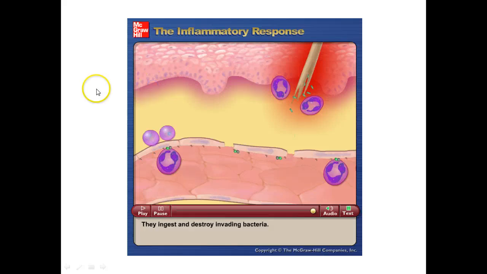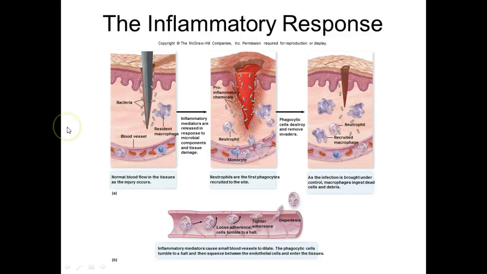But there is a reason behind why this happens, right? So as they said, there are some resident cells in the area. There's a certain set of phagocytic cells we refer to as macrophages. So you'll see this one here. As that punctures through the skin, they're on site. They're going to start gobbling up.